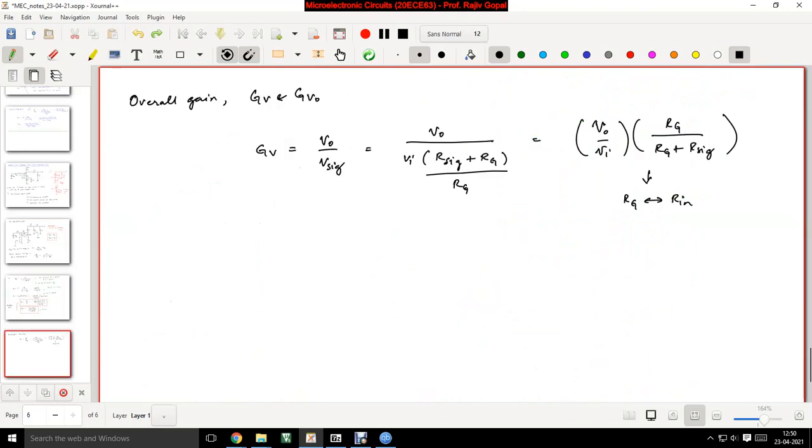So GV here is AV into Rg by Rg plus Rc. Or let me write Rg only, doesn't matter, both are the same.